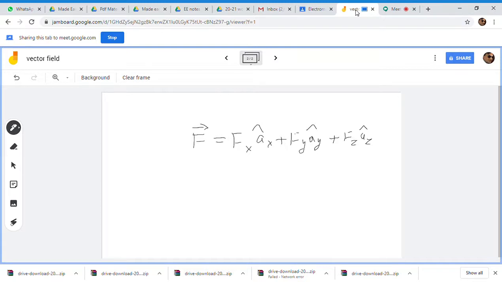So this F vector is in xyz coordinate. So if we want to write this F vector in cylindrical coordinate, then what will it be? Let us say F rho in the a rho direction plus F phi in the a phi direction plus F z in the a z direction.